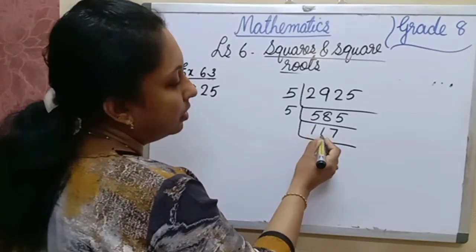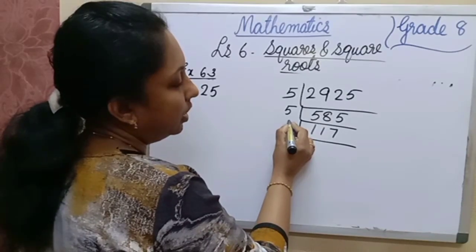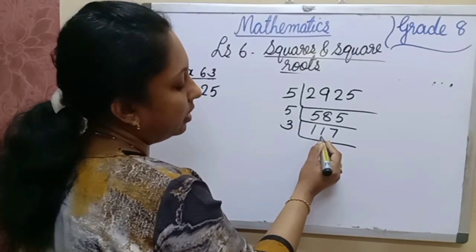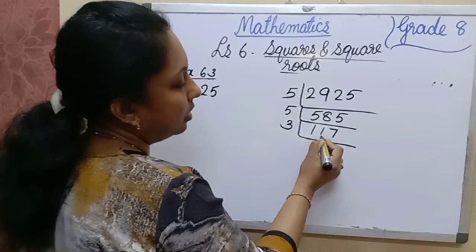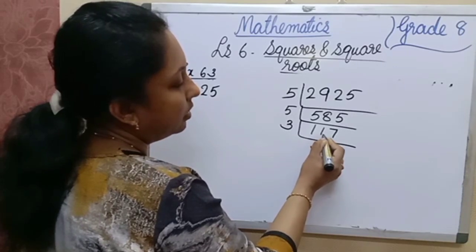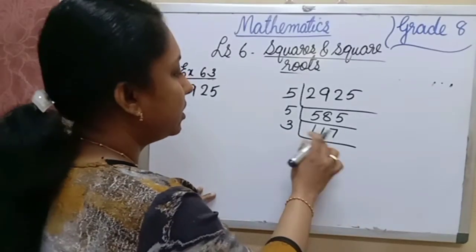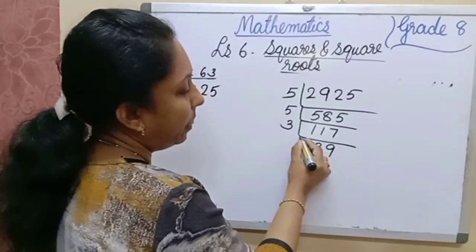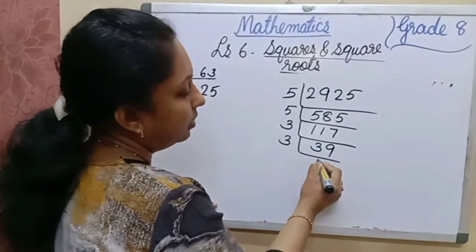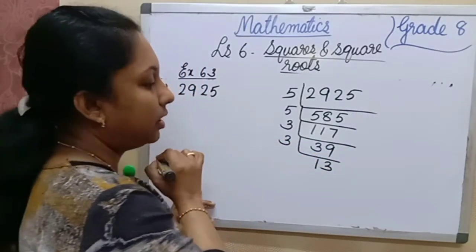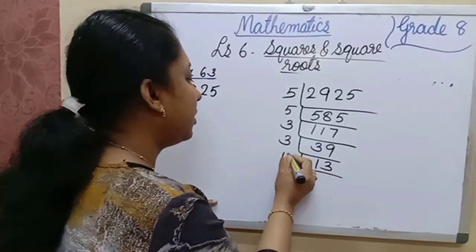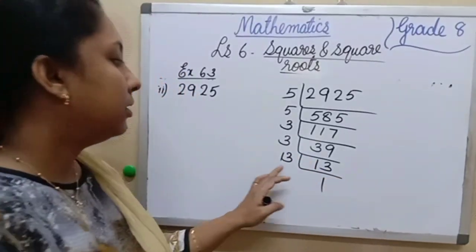Then 3, 3 threes are 9, then 27, then again 3, then 13, and 13 is a prime number.